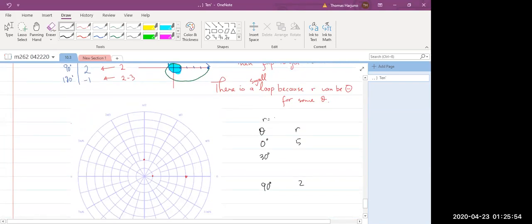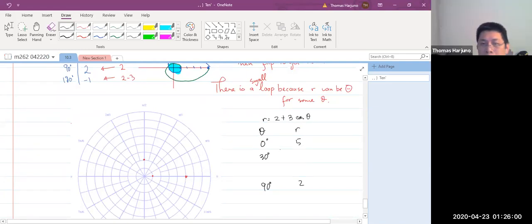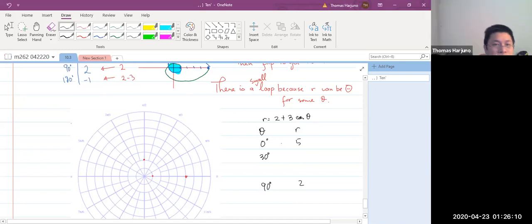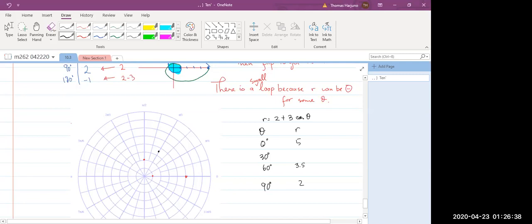r equals 2 plus 3 radical 3 over 2. What will that be? Use your calculator. It's around 4.6.